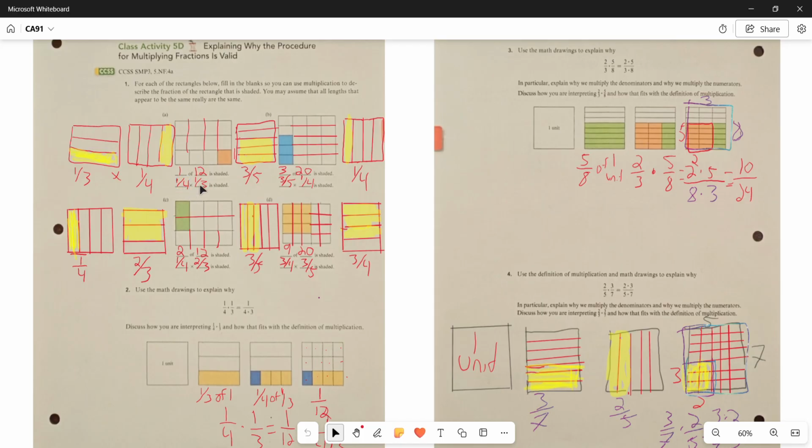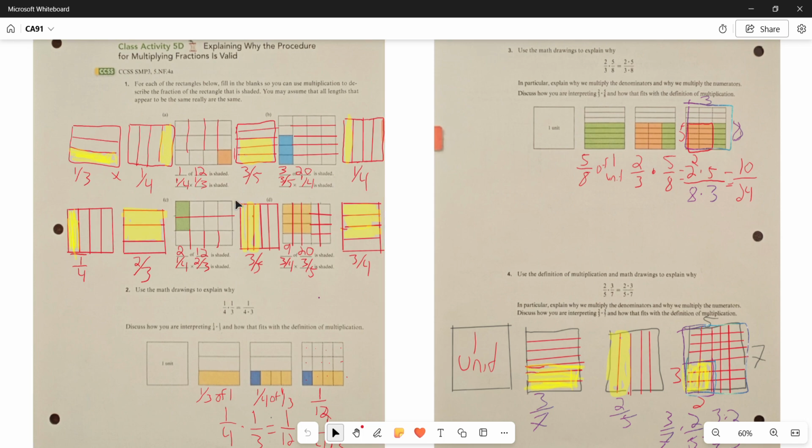And then the other one, I realized that the whole block is broken down into 1, 2, 3 sections, so thirds, and one in order for this to be colored means 1/3 of the amount of space is shaded. So that fraction 1/3 goes right here, and essentially 1/4 times 1/3 equals 1/12.